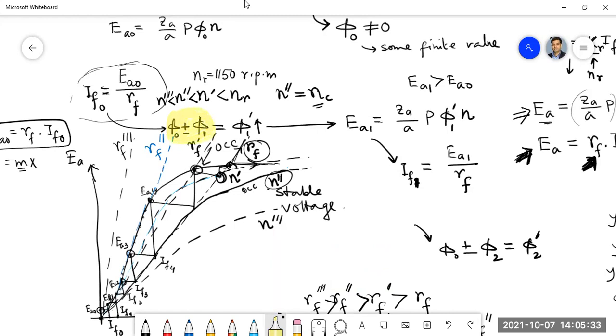There are two possibilities: the flux which we are getting from the field current may negate the residual flux or may aid the residual flux. So which is preferable for voltage build-up?